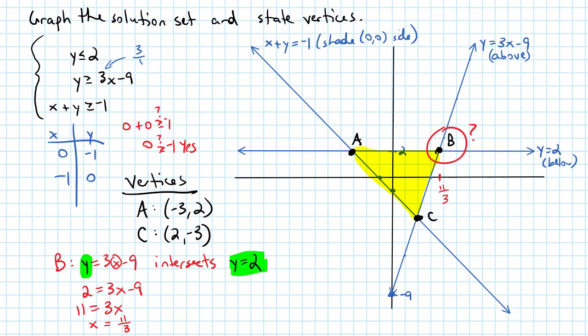However, there's no need to plug it in here and solve for y because this equation does not depend on x. We can already tell that y equals 2 no matter what x is. So we know that x is 11 thirds and y is 2. You can already tell that from the graph, right? Y is 2 here. So the B vertex is the ordered pair 11 thirds, comma 2.